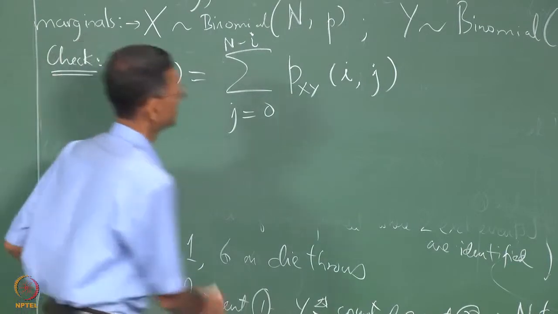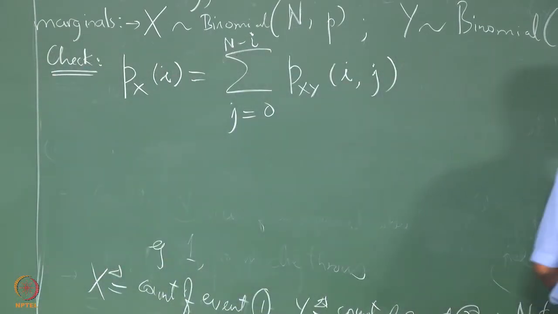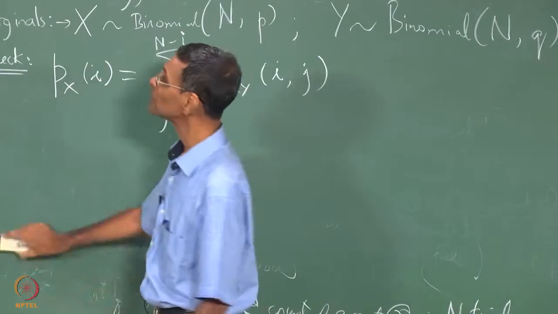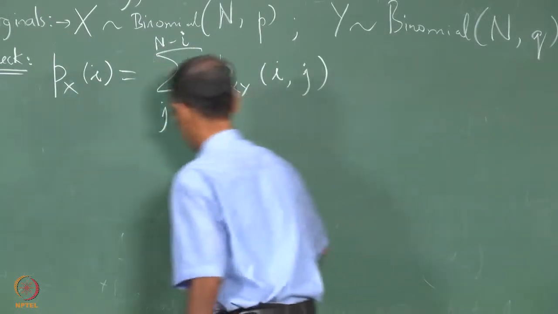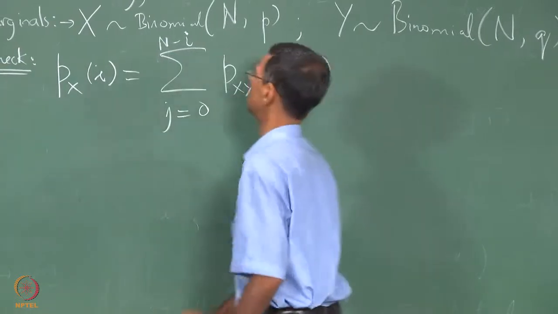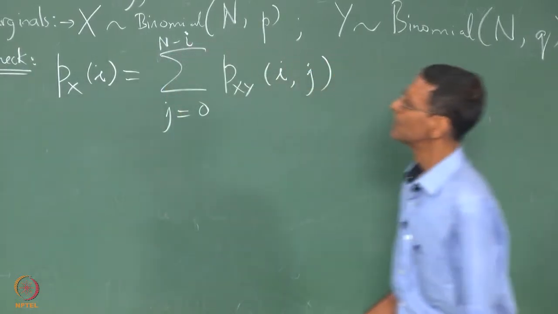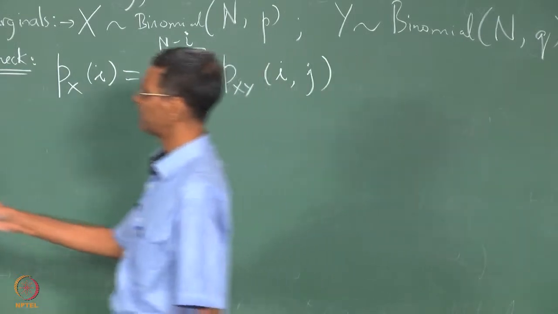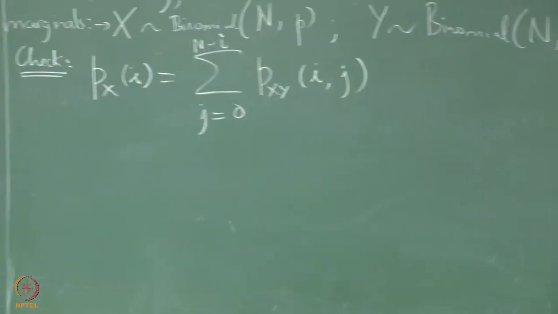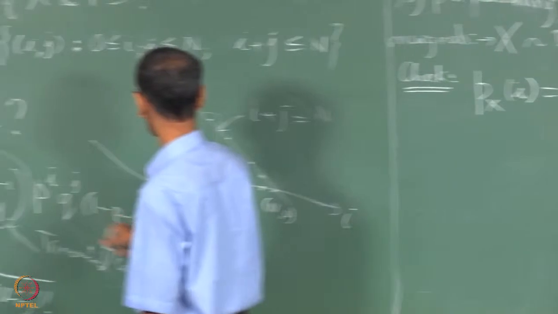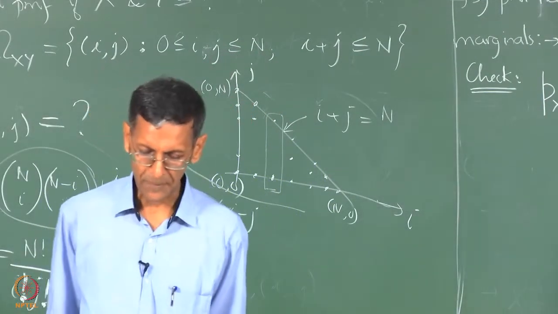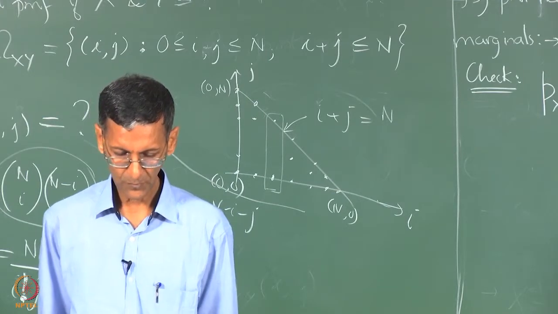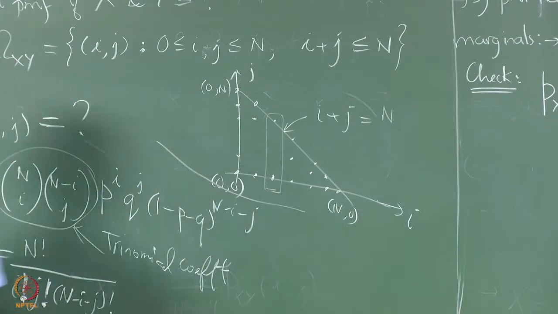You can do this and check for yourself that it will magically come out correct, or not so magically. Maybe note that this summation is only over j, which means that the p to the power i can be pulled out. This n choose i also can be pulled out.